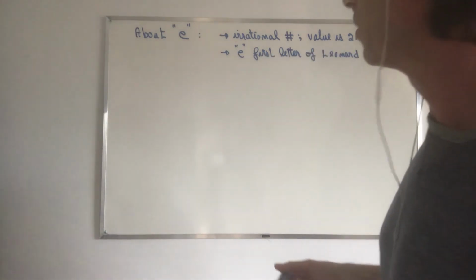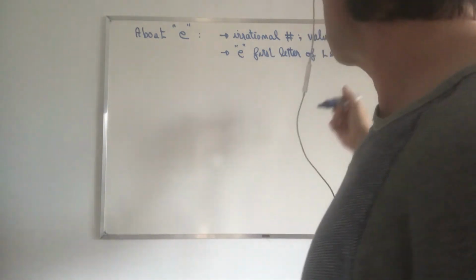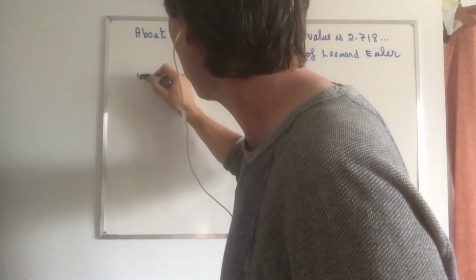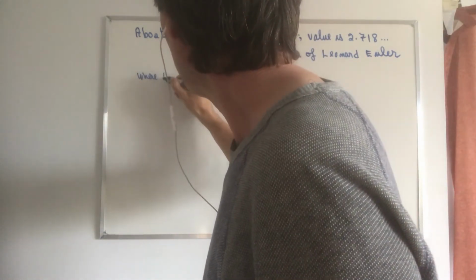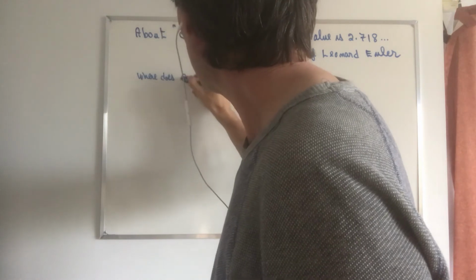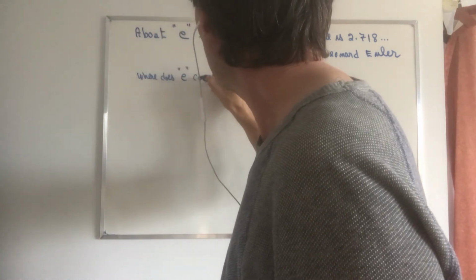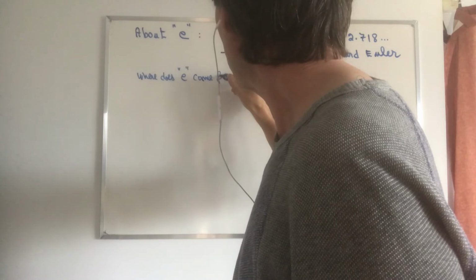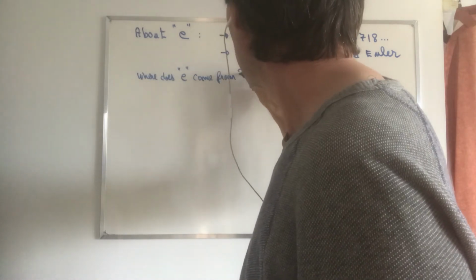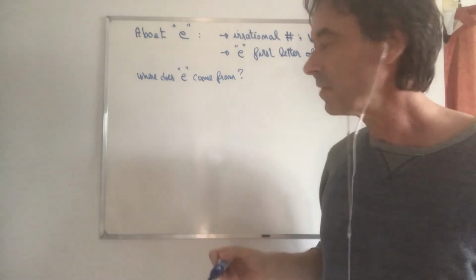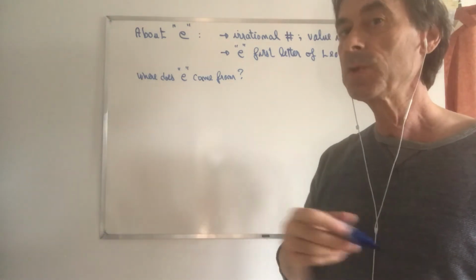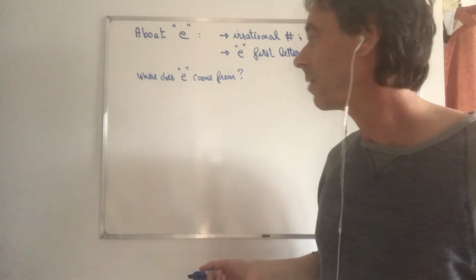So E for Euler. So basically, where does it come from? Where does E come from? What was the investigation that actually led to the discovery of this strange number that has so many applications everywhere in mathematics?